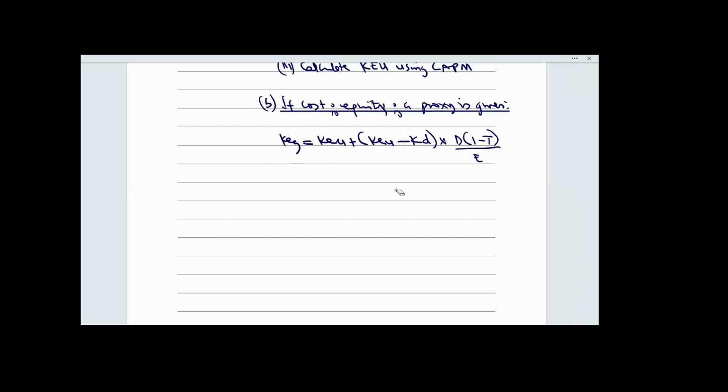Then the third way of calculating your cost of equity on gear is if the WACC of a proxy is given.